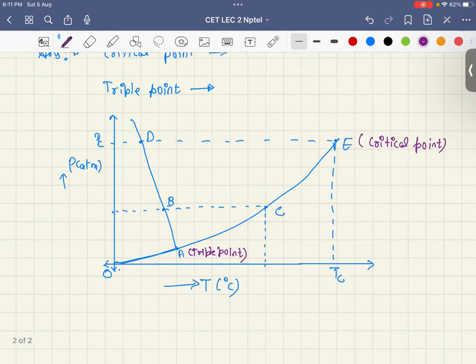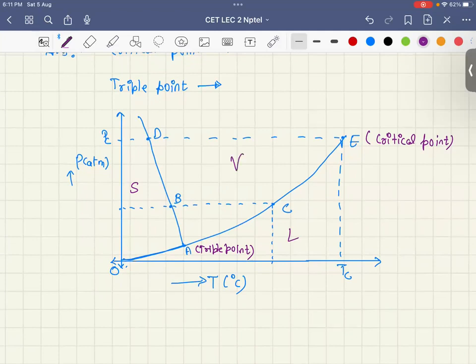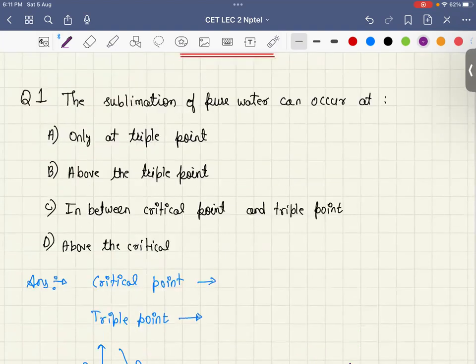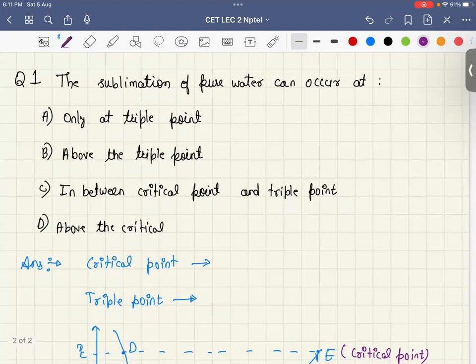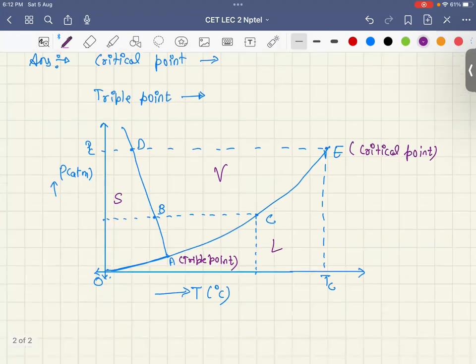In this phase it is solid, here it is liquid, and here it is vapor. Sublimation means solid to vapor conversion, which will occur in this region.